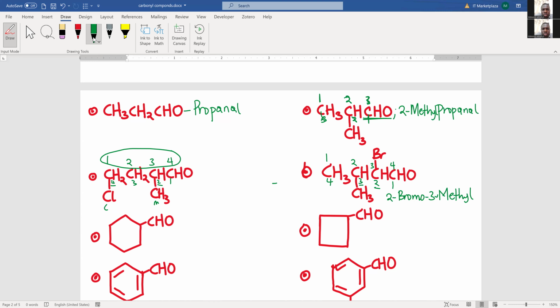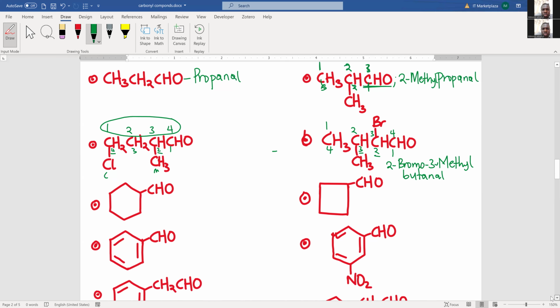There are 4 carbon atoms, butanol. This is one name. Just that here I don't have space, but it is 2 bromo, 3 methyl, butanol. No spaces. Hope I'm clear. Just that here I don't have enough space.